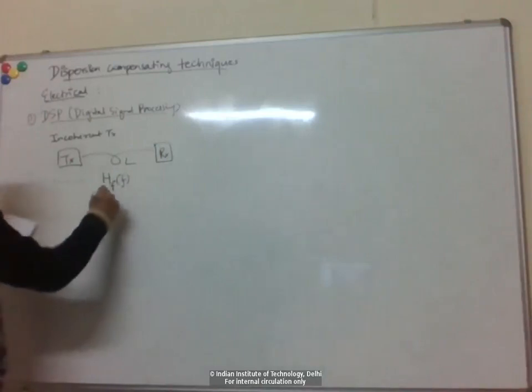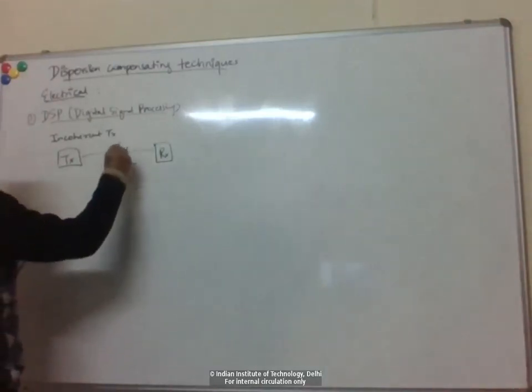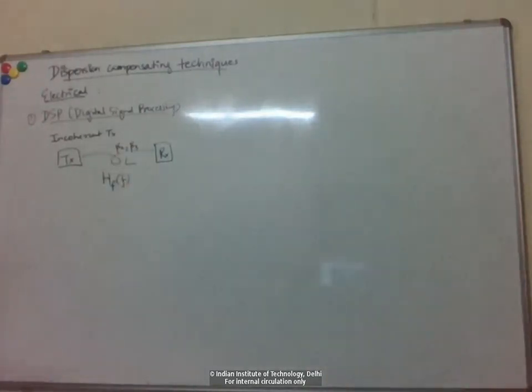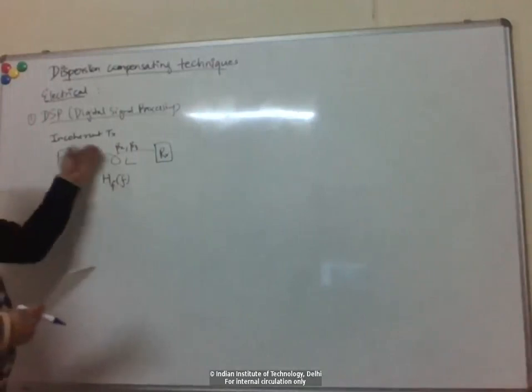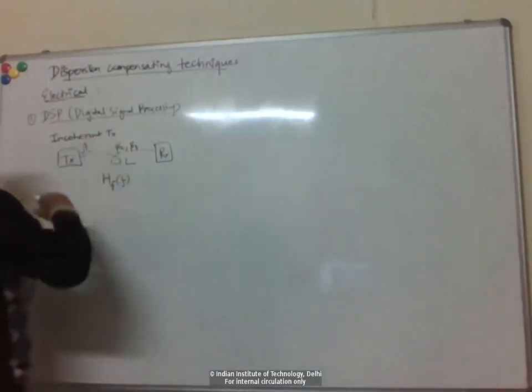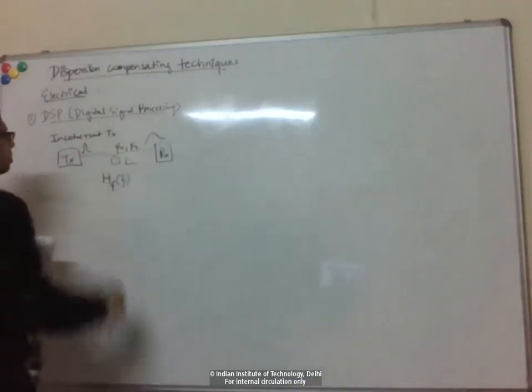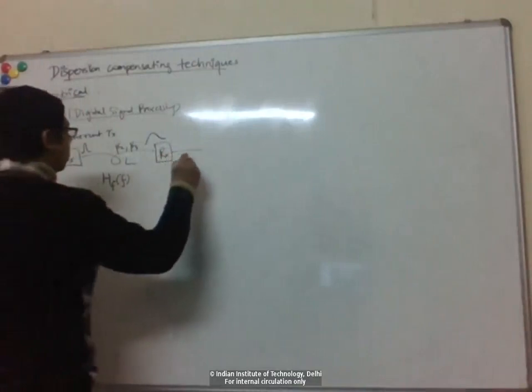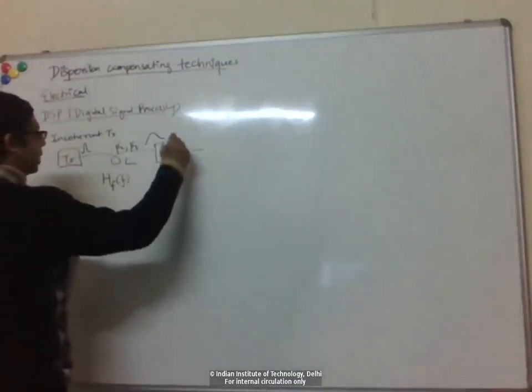This filter response depended on the beta 2 and the beta 3 of the fiber. So using that response function, we can calculate, for a given pulse, what my pulse is at the receiver, and then I can try to compensate after I photo detect.